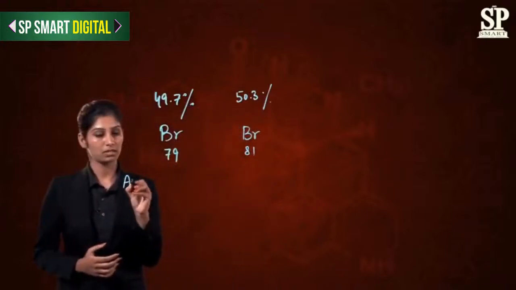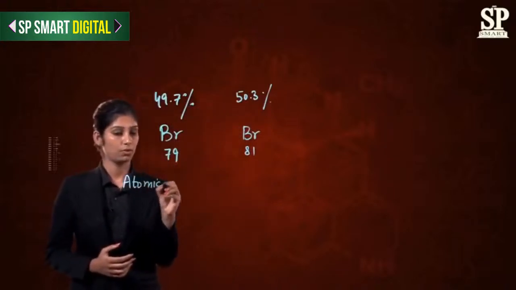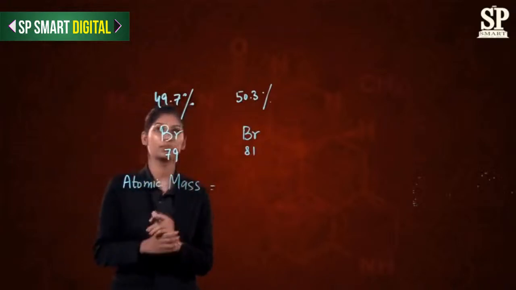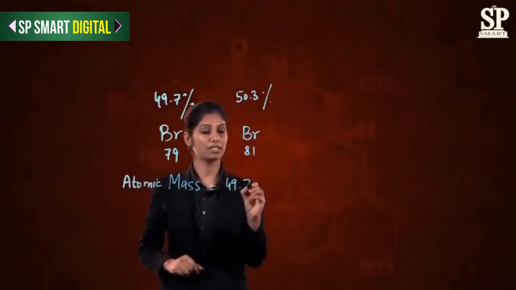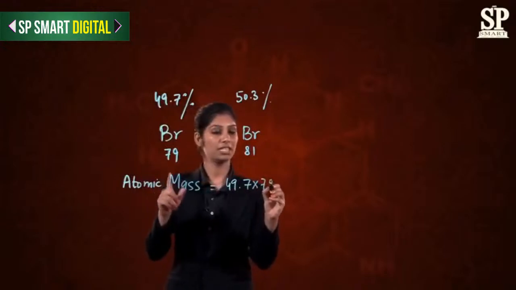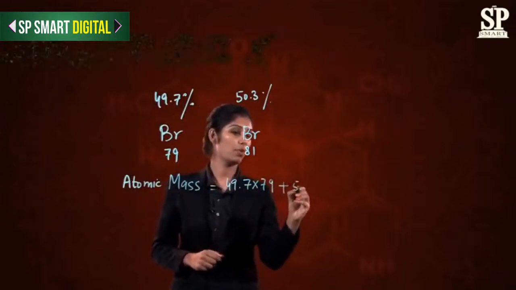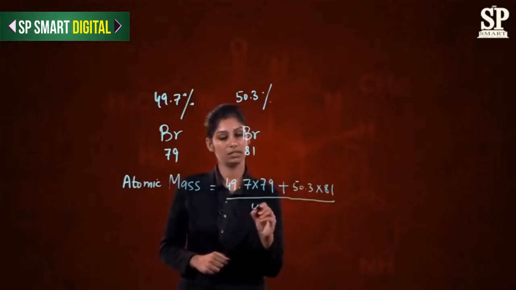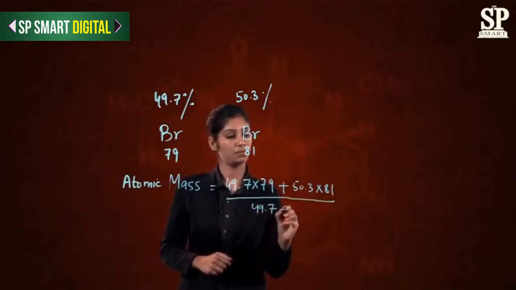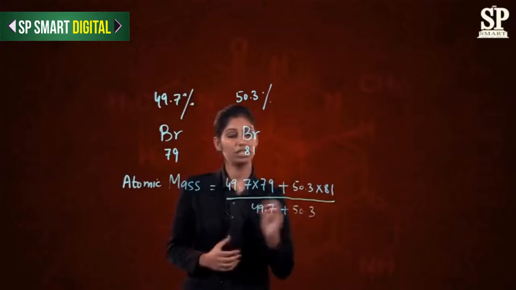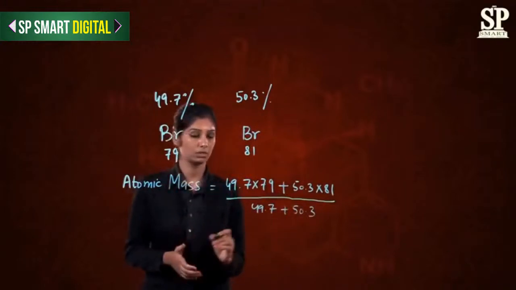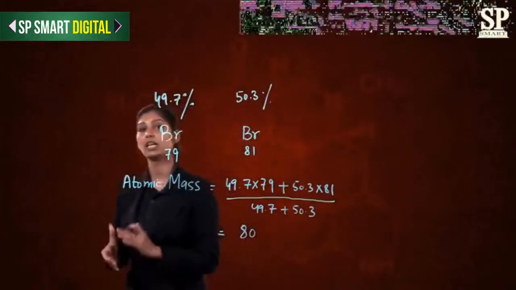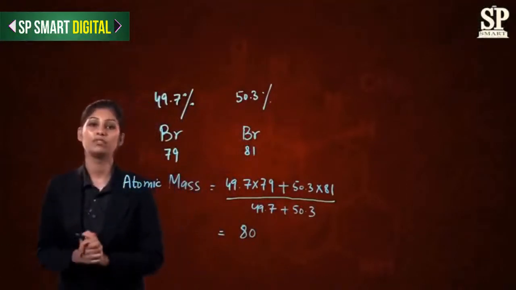So the atomic mass for the bromine atom, which has these two isotopes, will be 49.7 into 79 plus 50.3 into 81 divided by 49.7 plus 50.3. After the calculation, you will get 80. Hence, we have calculated the atomic mass of bromine, which is 80.